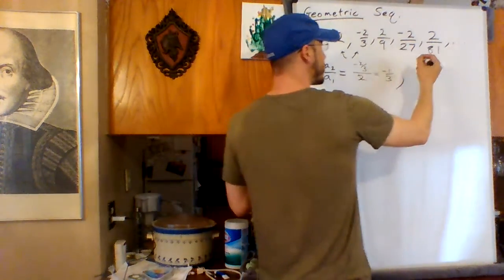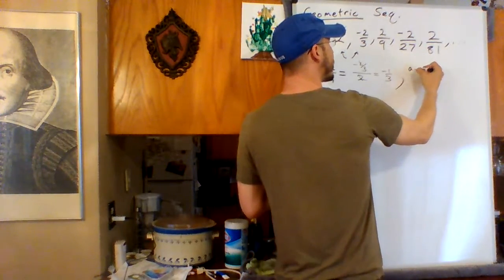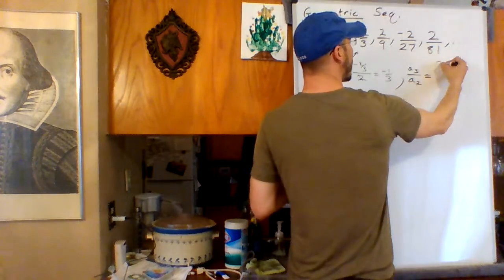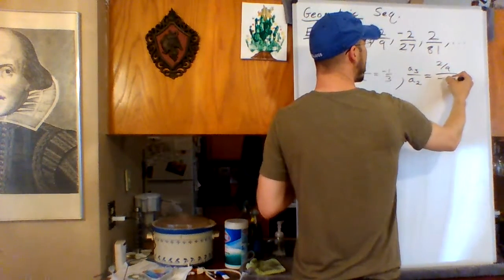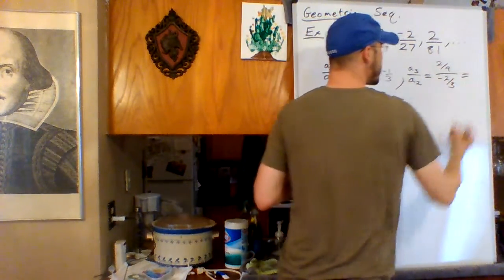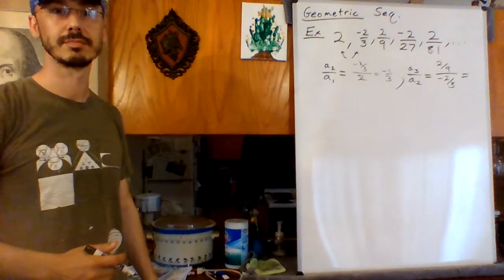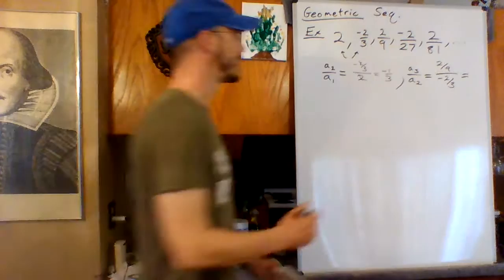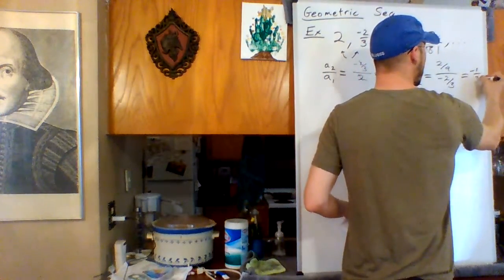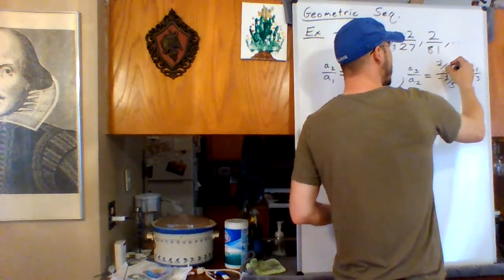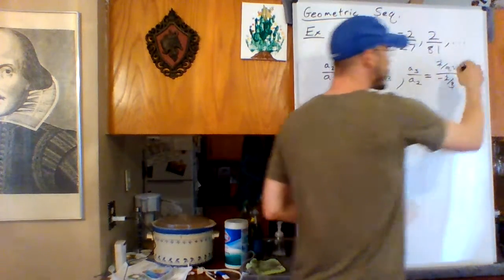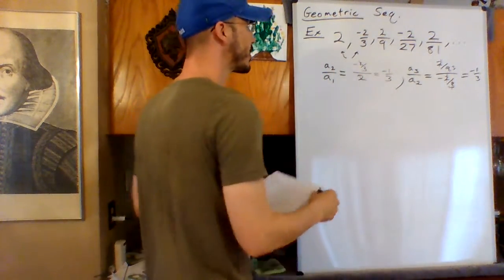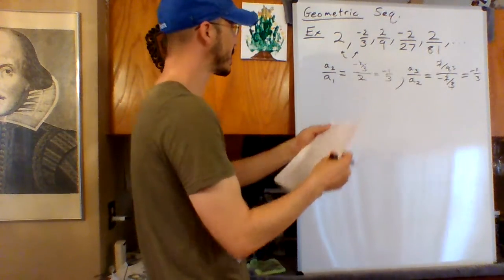You can do it with any of them, but if I do A3 over A2, the ratio is 2/9 over negative 2/3, which gives me negative 1/3. Again, the 2's cancel and the 9 cancels with the 3, leaving the 3 in the denominator, and it's negative. So negative 1/3. That's the ratio between consecutive terms.